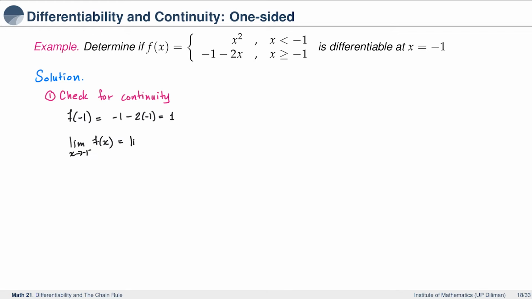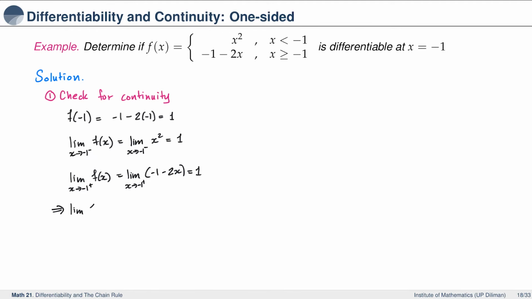So that would be the first condition, right, where x is less than -1. So this would be the limit of x squared as x approaches -1 from the left. That gives us 1. The limit from the right would be to take the second condition, where x is greater than -1. So this will give us the limit of -1 minus 2x as x approaches -1 from the right. That also gives us 1.